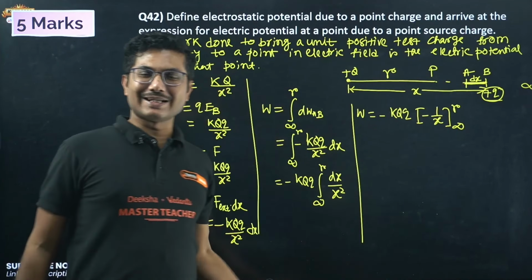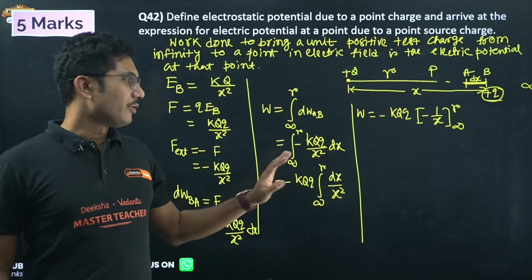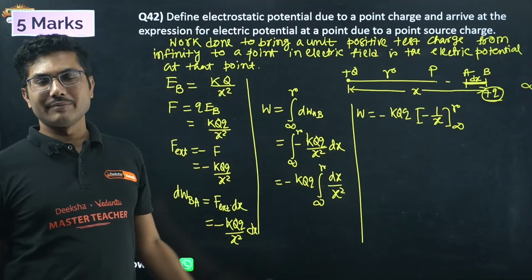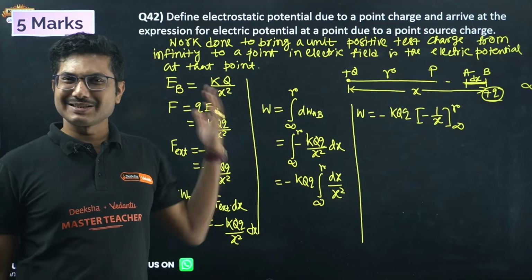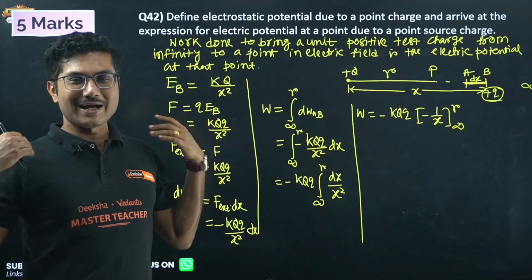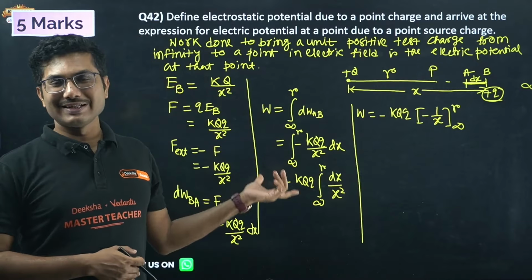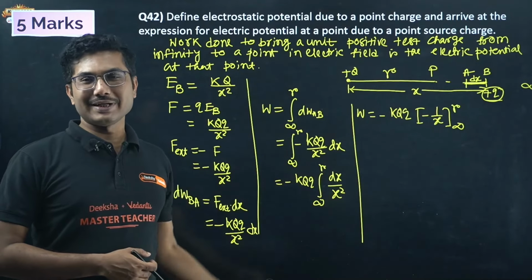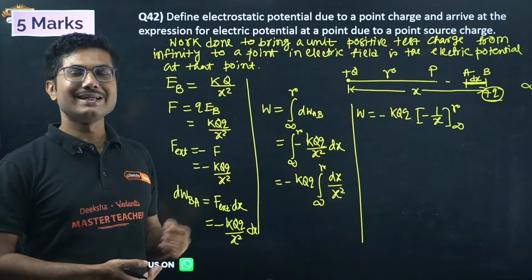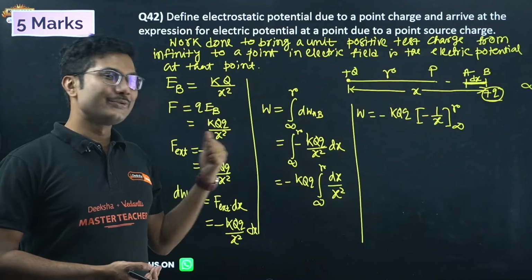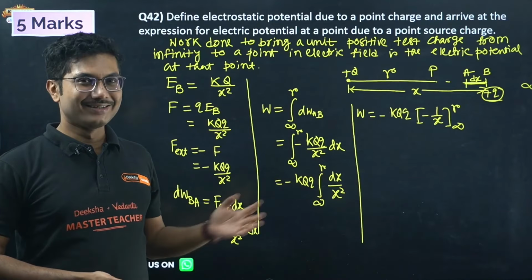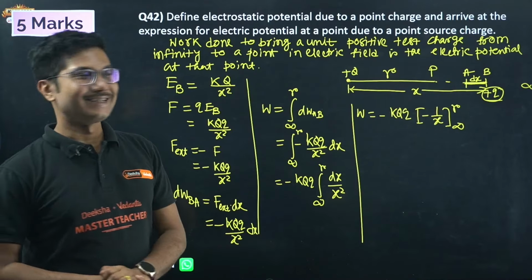When you learn this concept at the beginning of your year, many of you have trouble understanding, sir, what is integration, what is this. I generally tell my students that at the beginning of the year you feel this is difficult, but at the end of the year when you revisit this concept, you will think, oh, what a joke, we were afraid of this kind of integration. These are some of the simplest integrations.